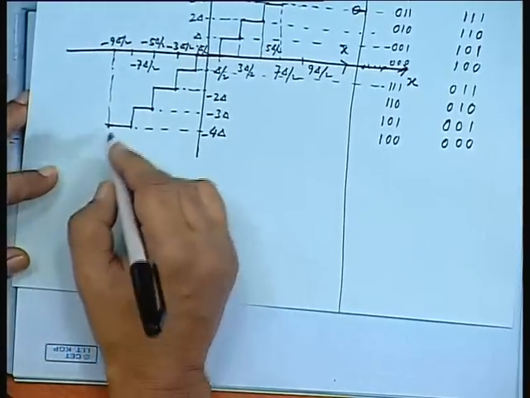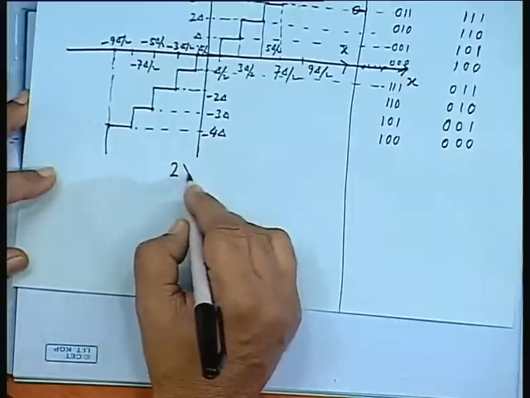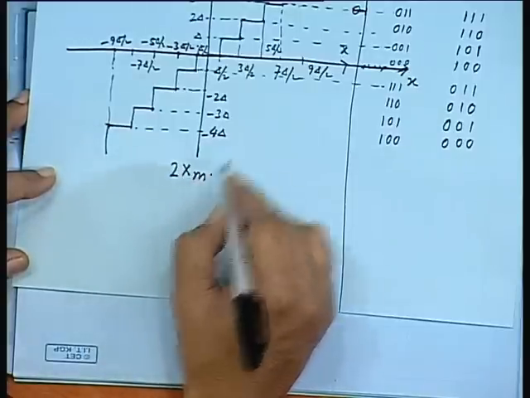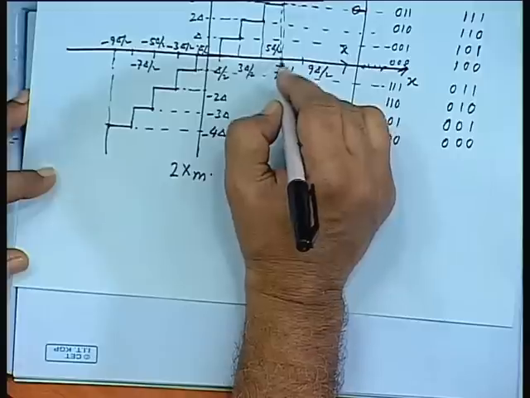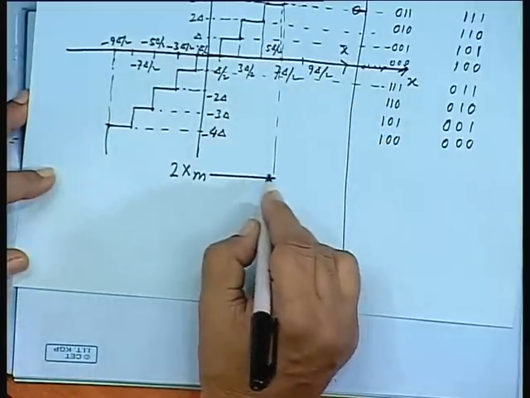Suppose, okay, this is the range we call twice xm.